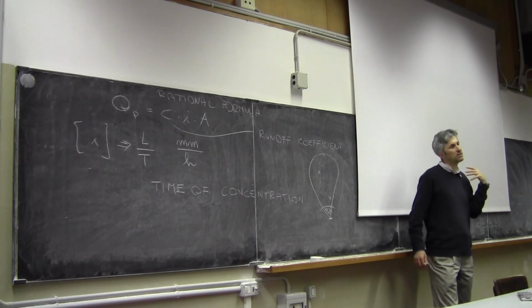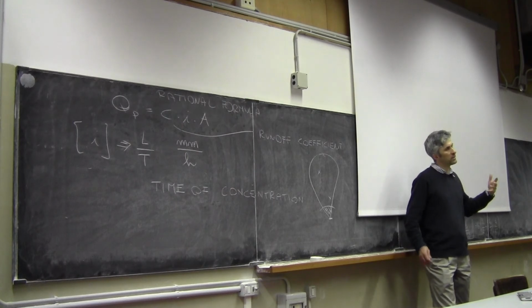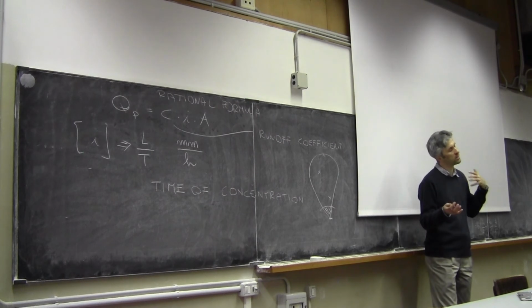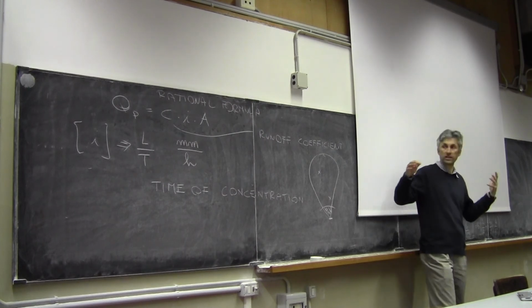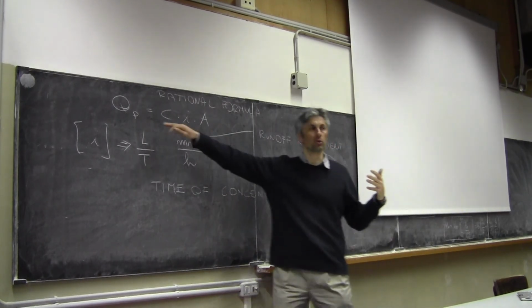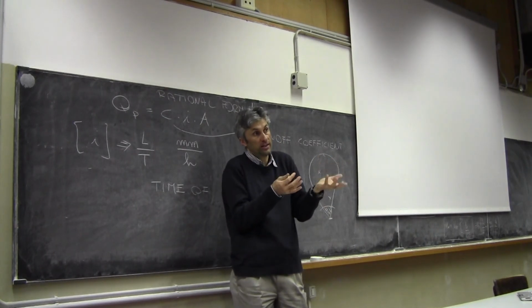Still you may be in doubt, because given that intensity decreases, you could think that maybe you have a critical condition in terms of peak flow for shorter rainfall duration, because the intensity is higher.